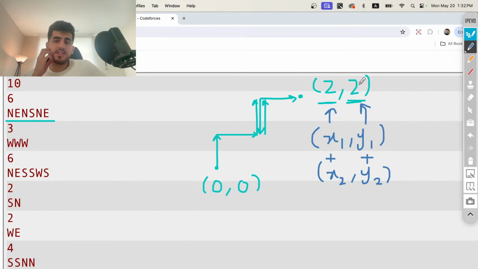So the first condition is that if one of these numbers is odd, then the answer is definitely no. Because of the parity of those xi's, for example, the sum of them in the x coordinates, say it is 3, then the sum of these two should be 3.